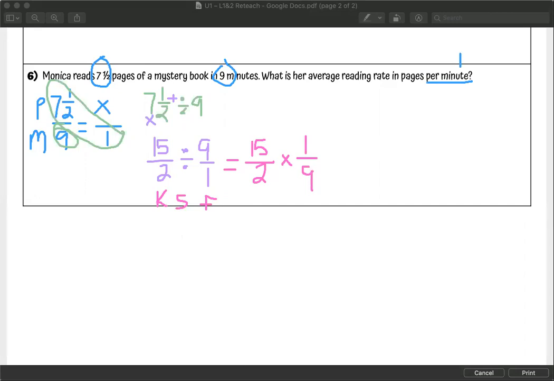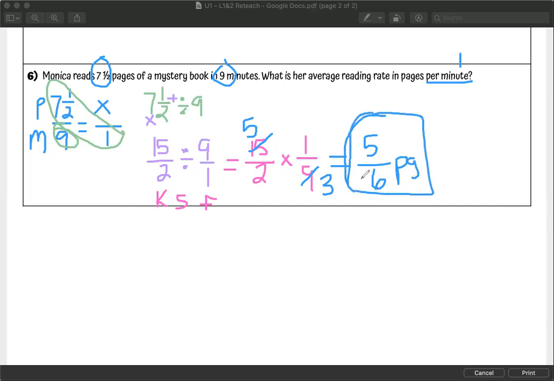And then checking to see if anything simplifies before I multiply across. 15 and 9 both divide by 3. 9 divided by 3 is 3. 15 divided by 3 is 5. Now I'm going to multiply across. 5 times 1 is 5. 2 times 3 is 6. We were solving for x, which is on top. We were solving for pages. So 5/6 pages per minute. And that's it.